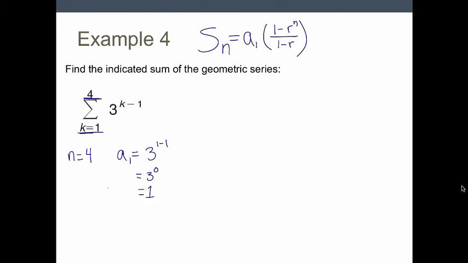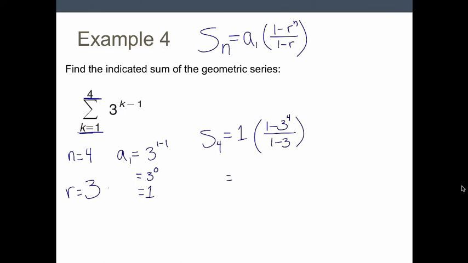Plugging all the numbers into the formula, we're doing S sub 4, finding the sum of the first 4 terms. A sub 1 is the value of 1. We're doing 1 minus, now r, we didn't actually go through and define yet, but it's given to us. R is the base of the exponent. It's 3. Our value of n is 4 because we're finding the sum of the first 4 terms.